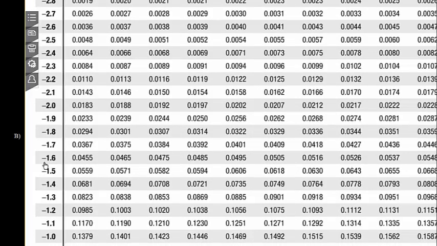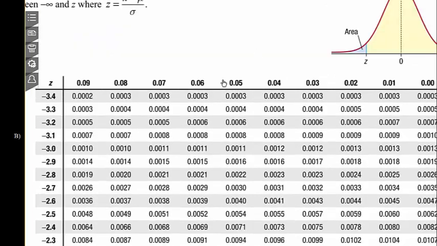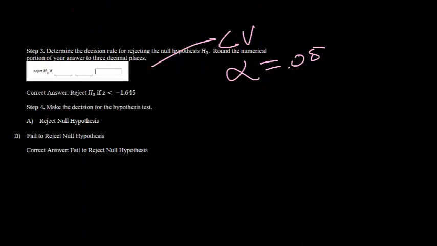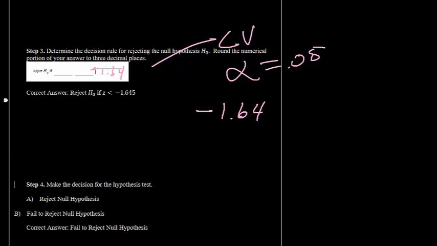So again, negative 1.64. It's going to be in the middle of there somewhere. Negative 1.64 because it's a one-tail test. So our decision is based off of negative 1.64. You fill that in right here, 1.64 negative.